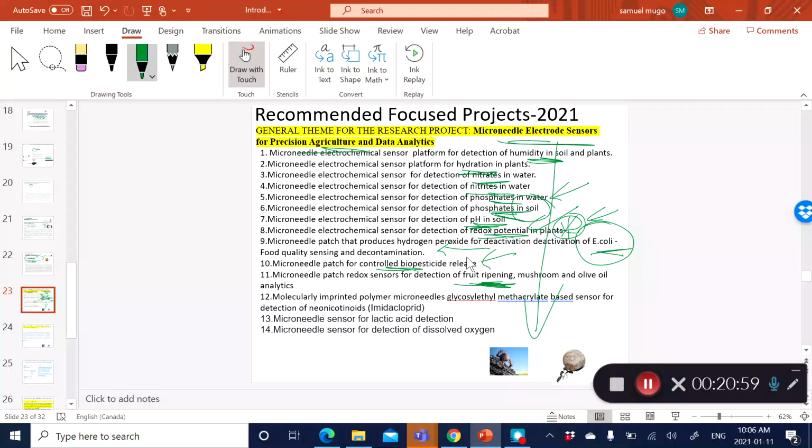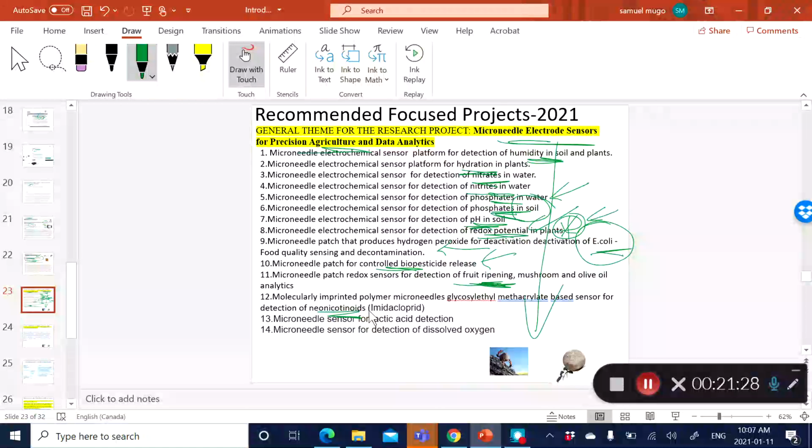Maybe one student can take a project on detection of metabolites for fruit ripening. That way, when the fruit is ripe, it can be picked and so forth. Maybe a student can work on MIP, molecularly imprinted sensors, for detection of this notorious pesticide that is used especially in canola plants.